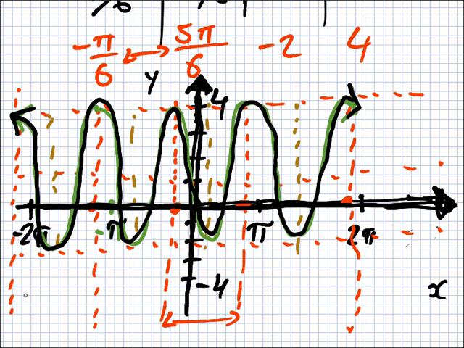What was the period for this one? It was pi, between 5 pi over 6 and minus pi over 6. So that length is pi. And this length they want is 4 pi. So I ended up drawing 4 periods. Anything else? So it writes here negative pi to 2 pi. Yeah. You must draw.